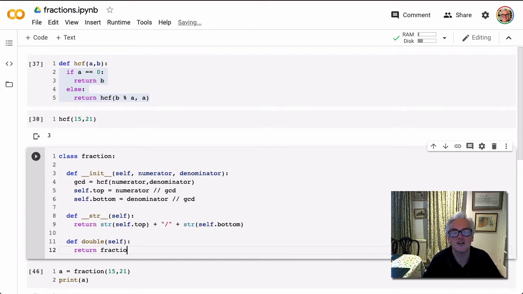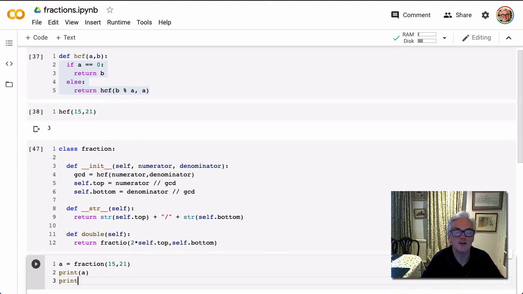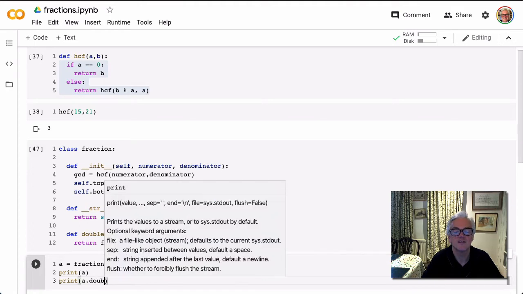So I can call the fraction class from within the fraction class, equal to 2 times the numerator, so that's self.top, and the same denominator, self.bottom. Okay. So I've got print A, and now let's try print A doubled.